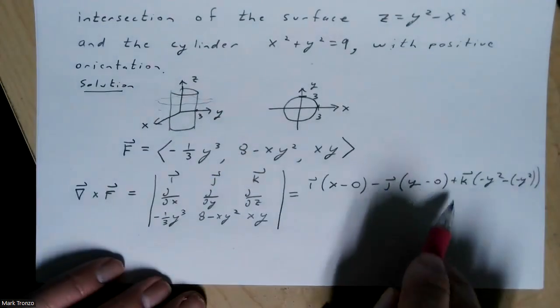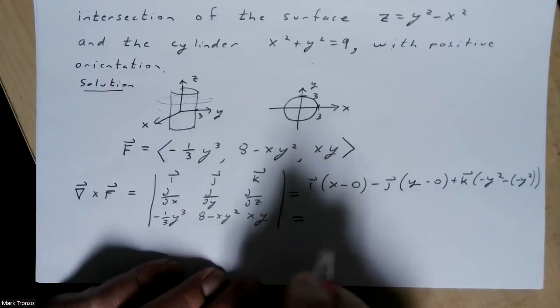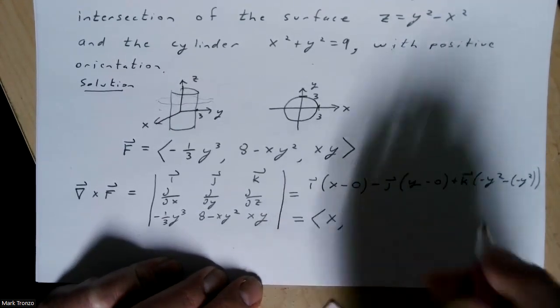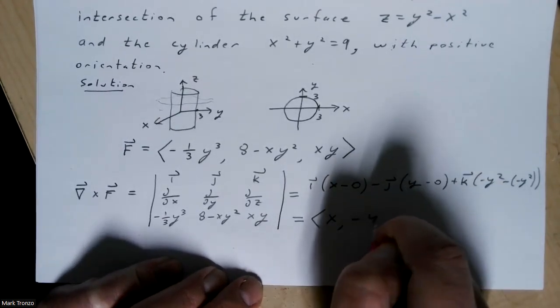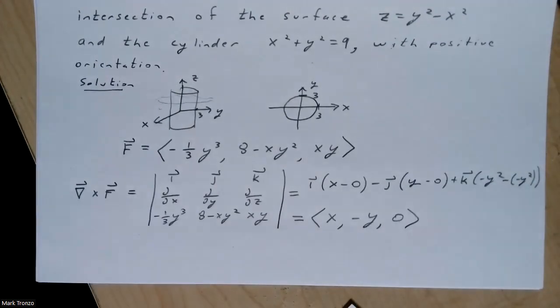So that's going to end up being 0. And so we end up with x, negative y, and 0, like that.